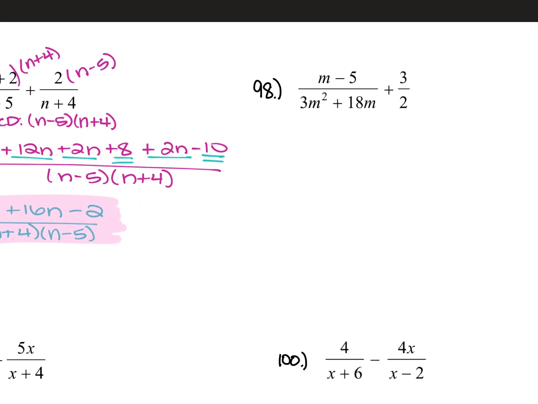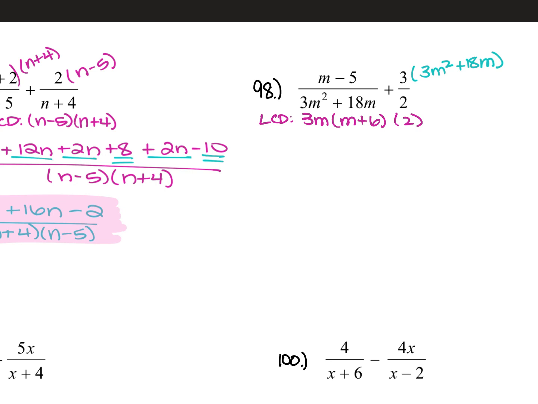For 98, you have n minus 3 over 3m squared plus 18m plus 3 over 2. Your 3m squared plus 18m factors to be 3m times m plus 6. So your least common denominator is that multiplied by 2. So we're going to multiply the second fraction by the 3m squared plus 18m.